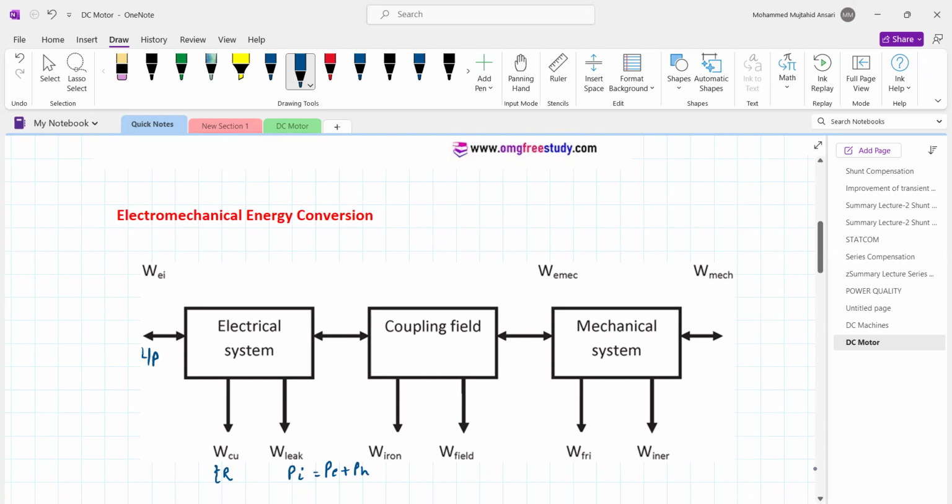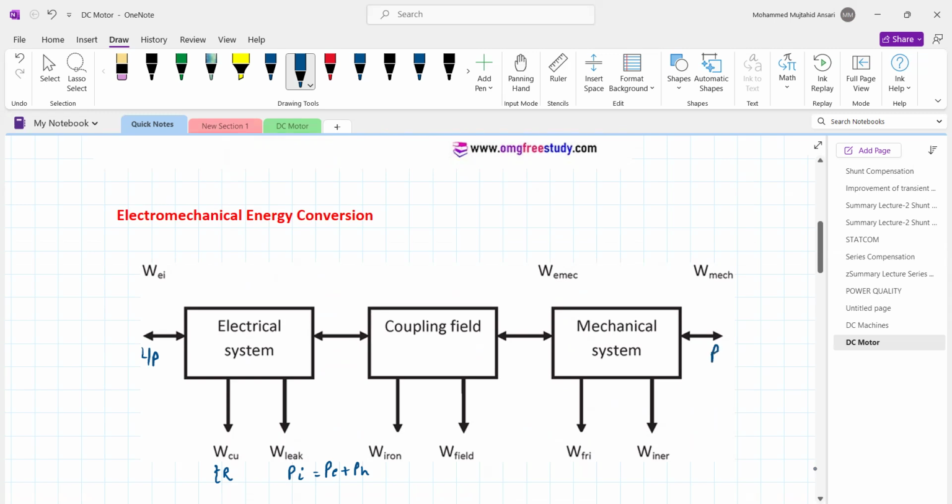Then there is a magnetic coupling, magnetic field loss and total gross mechanical power developed. After gross mechanical power developed, there are some losses in the form of friction and windage. So if you subtract the windage and frictional loss from the gross mechanical power output, we get shaft power output.